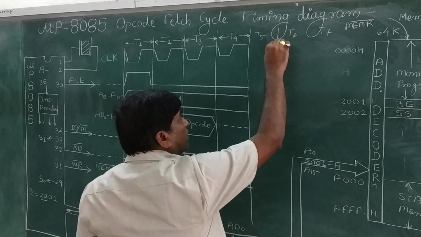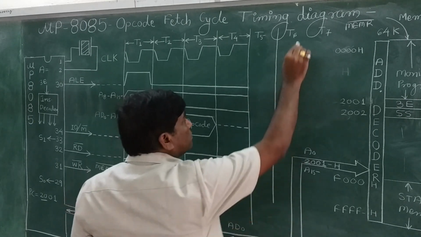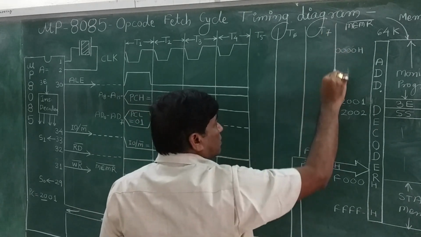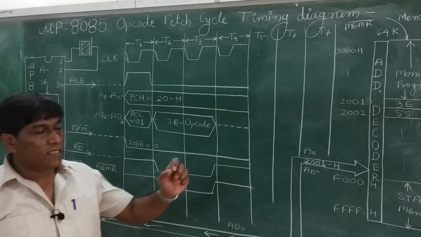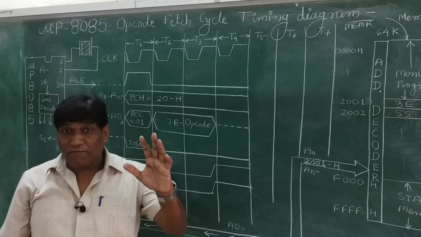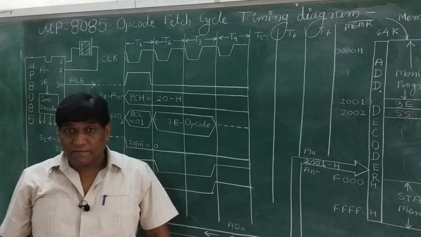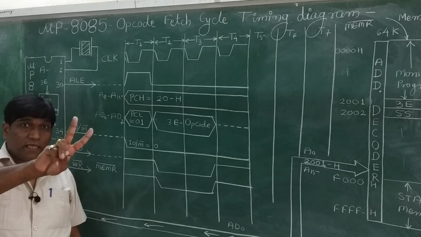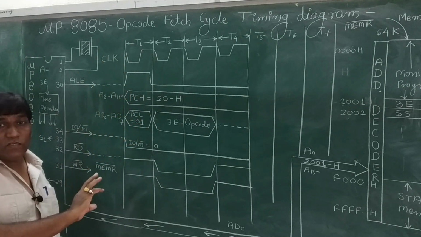So, if we consider the total instruction cycle to complete one instruction, what is the instruction MVI A 55H? We require 7 T states and 2 machine cycles. One machine cycle is opcode fetch.